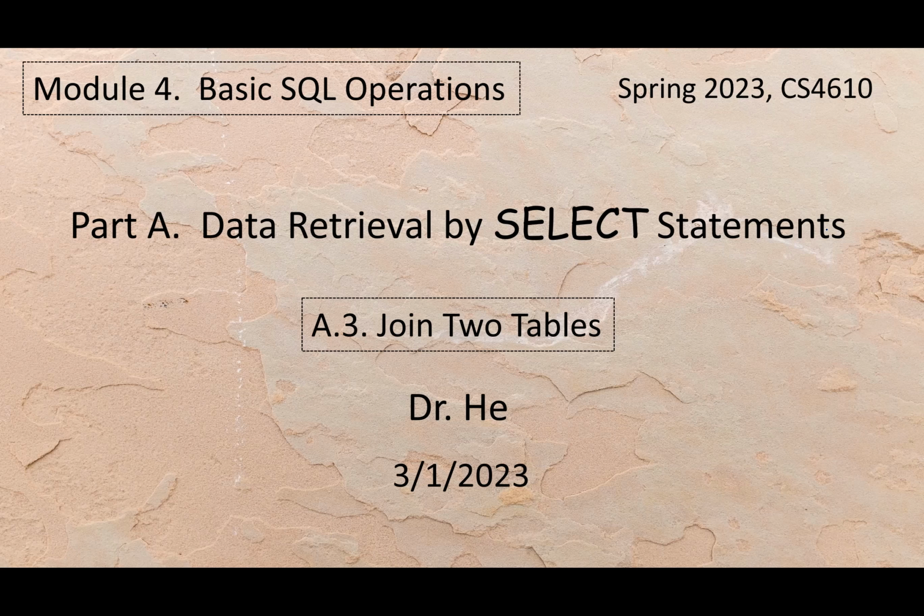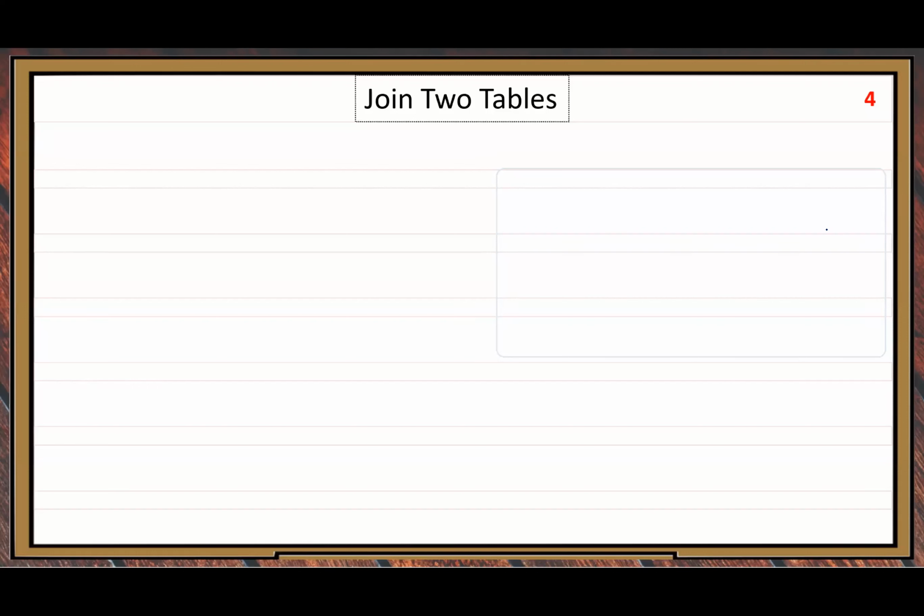It is a relatively big concept. Most of our table queries need to join more than one table. Let's see how to join two tables and what the theory behind table join is.